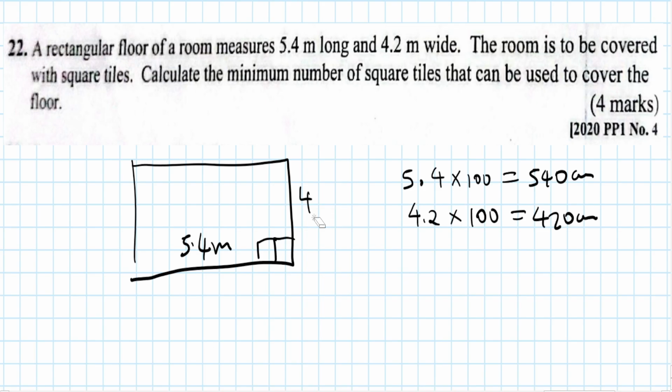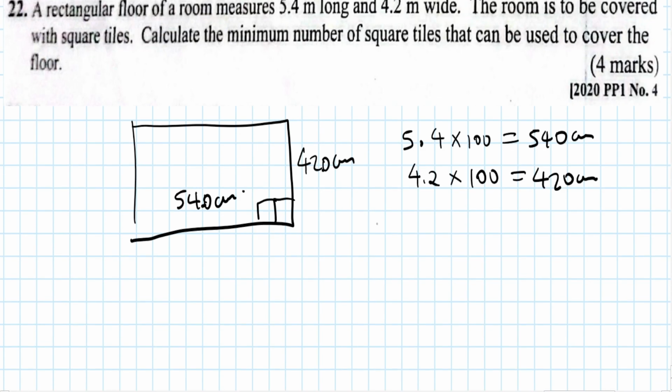So basically, this one is going to be 420 centimeters, and this one is going to be 540 centimeters. Okay, now this is not LCM. I think this is GCD. So we need to search for the GCD of 540 and 420.